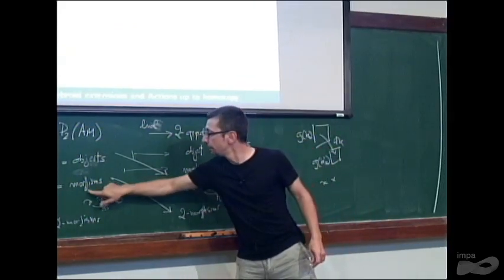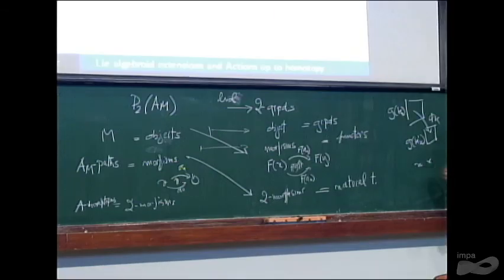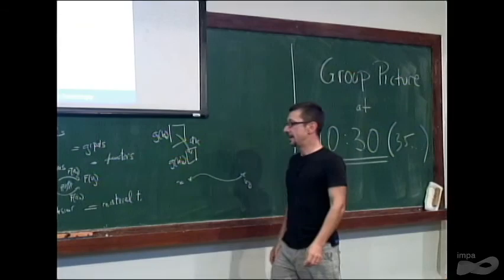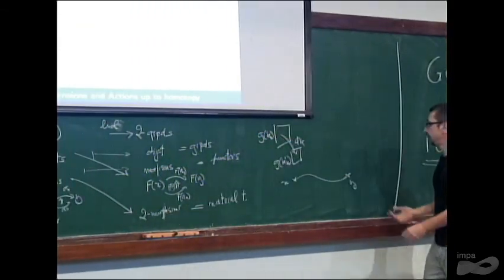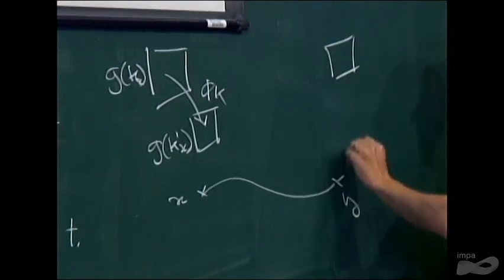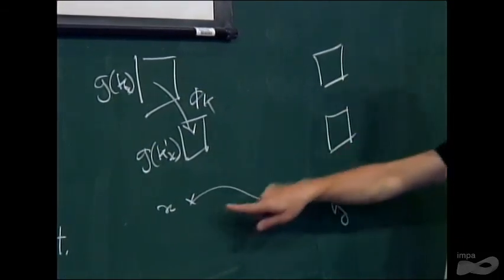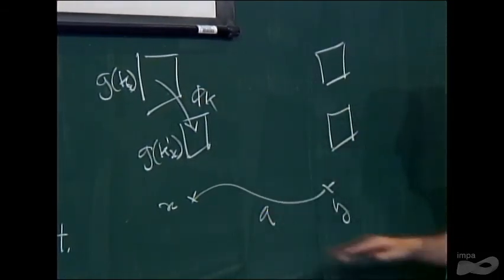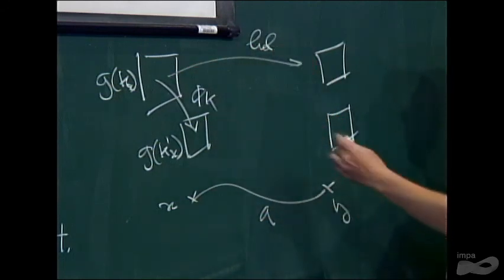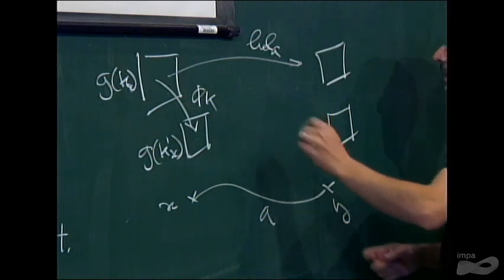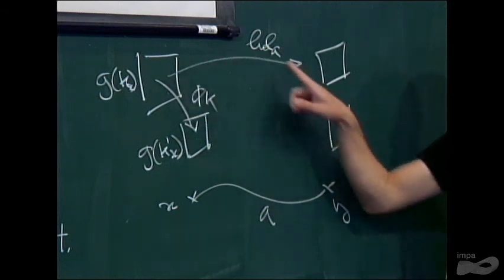Now, on this side, morphisms are A-paths. So now I'm taking just one A-path that goes from x to y, and I should associate the two-morphisms. What happens here is you have one A-path only, and the holonomy in your first along this path in A_E.